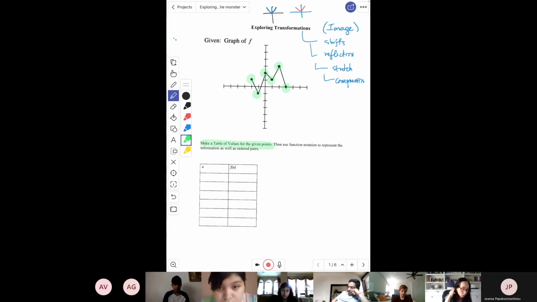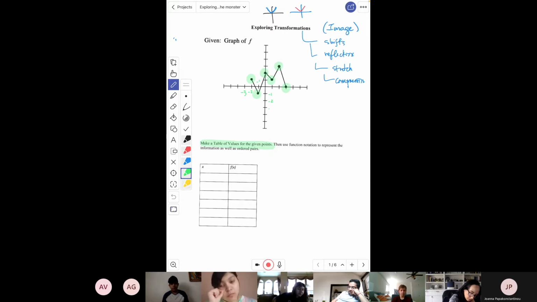I could write this as a piecewise function and write little equations for each domain, but we're going to look at this graph just as a whole, looking at the points and evaluating what happens when we move these points. So let's make a table of values of what we know. Let me just give you the scale. We're counting by ones, so that might help to see those.